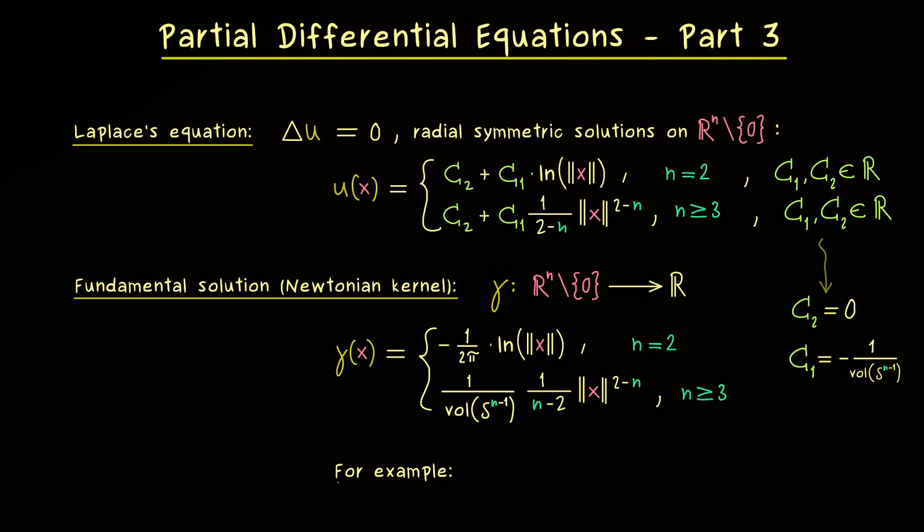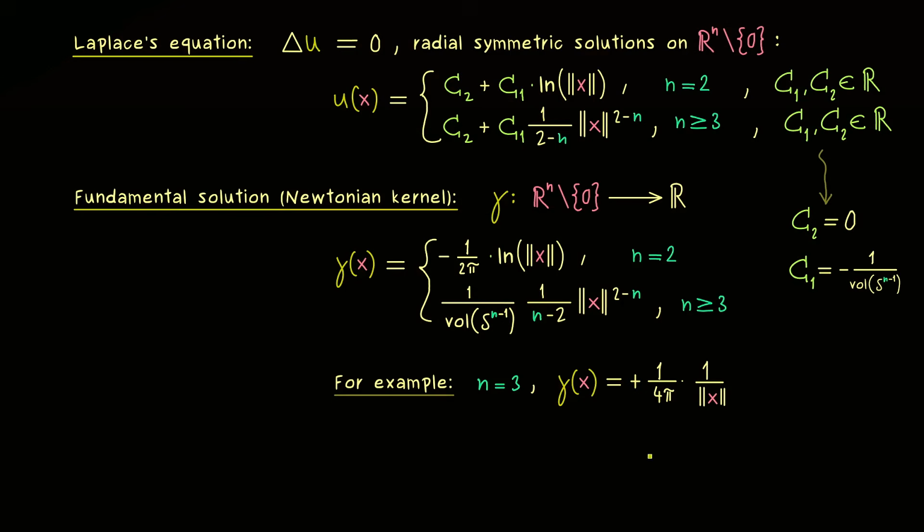And moreover, we also know that the area of the 2-dimensional sphere S2 is given by 4 pi. Therefore, in the important 3-dimensional case, we have 1 over 4 pi with a plus sign times 1 over the norm of x. So for example, in physics you might recognize that as the Coulomb potential.